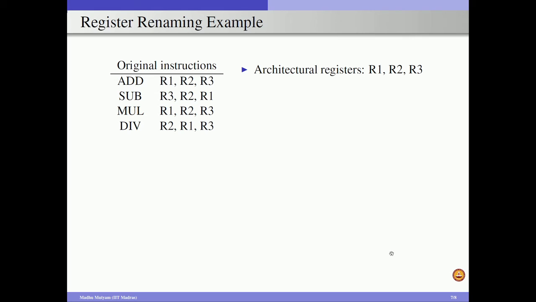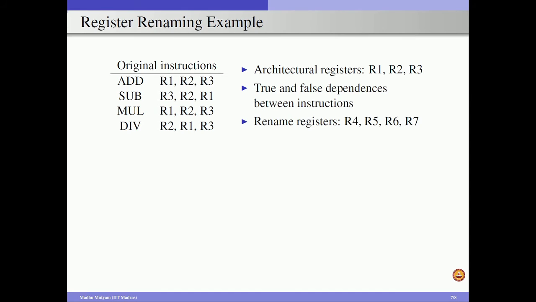We assume that our ISA has 3 architectural registers R1, R2 and R3, and that is the reason why our code also consists of only those architectural registers. Our system also has some physical registers, also called rename registers, and these rename registers are R4, R5, R6, R7. We are going to use these registers for renaming some of these architectural registers in our code.